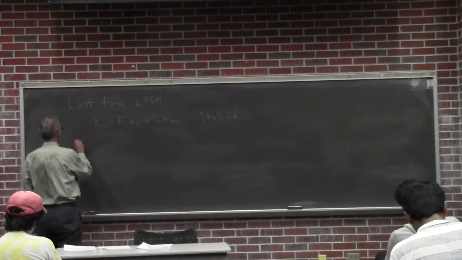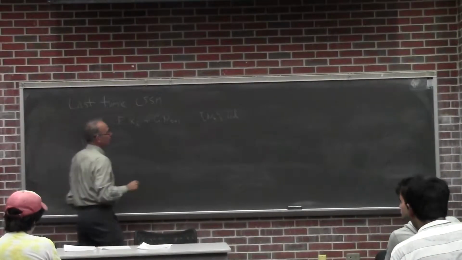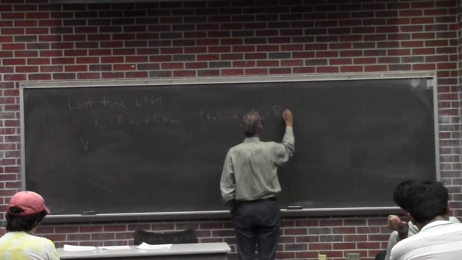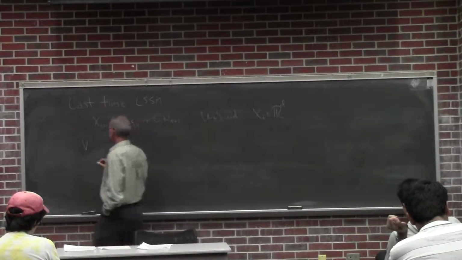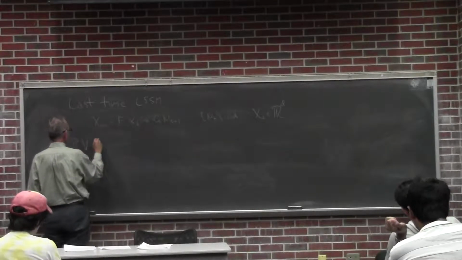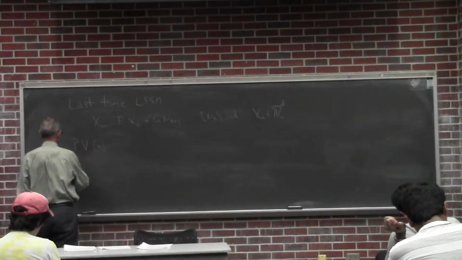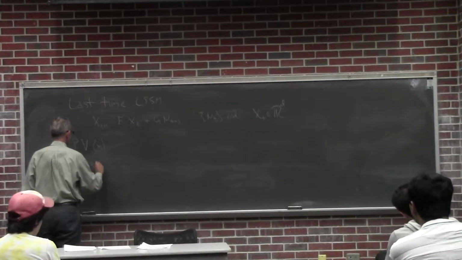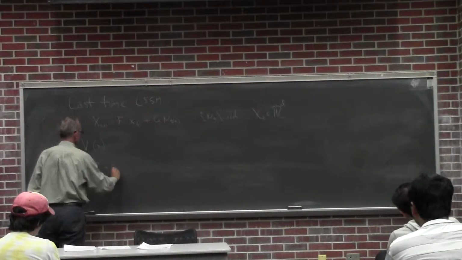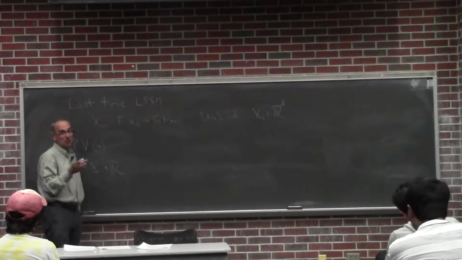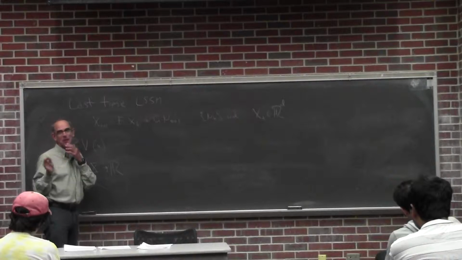So when I write PV of x, I always mean that V is a mapping from the state space to the reals. Sometimes it'd be complex numbers if we're talking about spectrum like we did last time, but we're not going to talk about spectrum again.